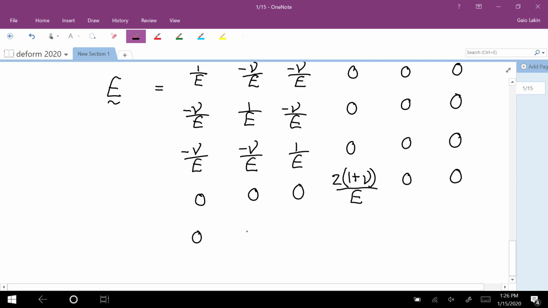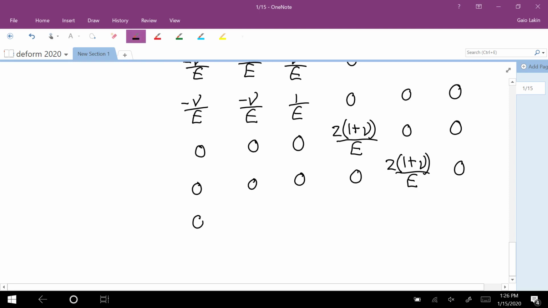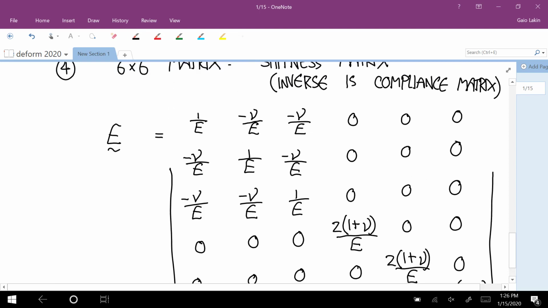So now 0, 0, 0, 0, 2 times the quantity 1 plus nu over E, 0. And then all zeros except the last element. Okay, so that's a 6 by 6 matrix.